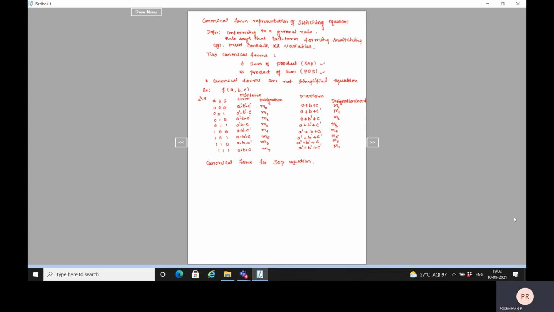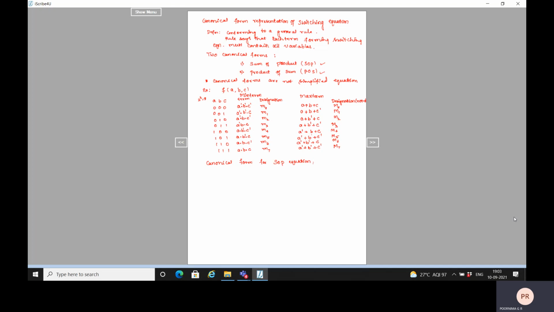Suppose any switching equation is given. If that equation has to be converted into a standard canonical form of SOP equation, then what are the various steps we need to follow to convert a non-canonical form into the canonical form of SOP equation?